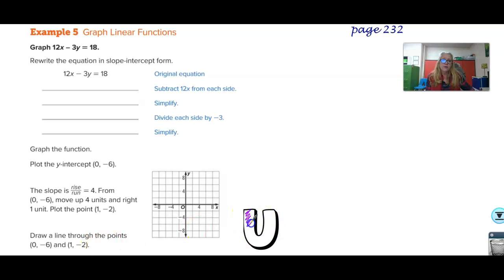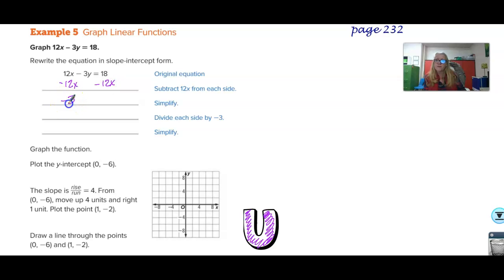We want to take an equation that is not in slope-intercept form and put it in slope-intercept form and then graph it. Don't forget the U. Okay. So here we have this. We want y all by itself on the left, so we need to get rid of this 12x. So let's subtract 12x from both sides.